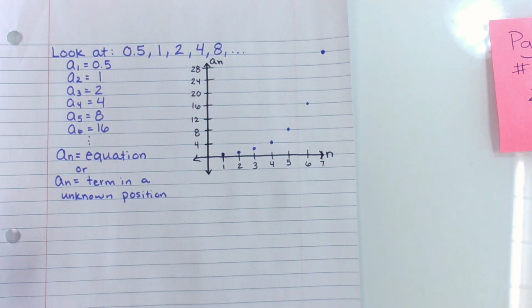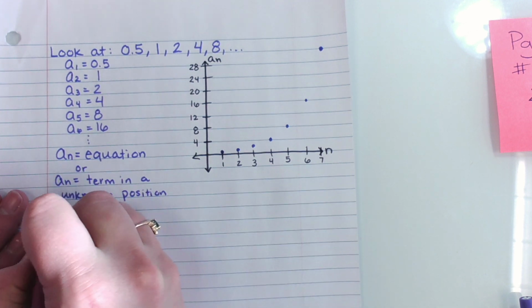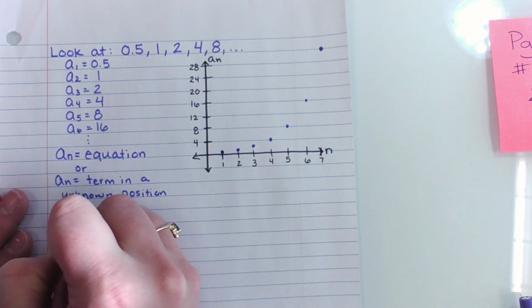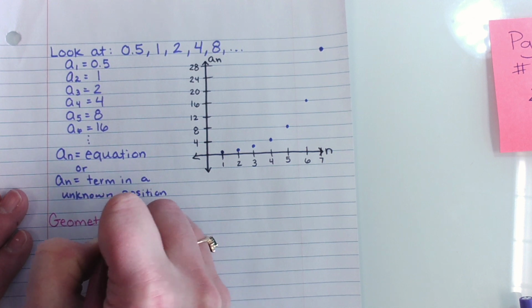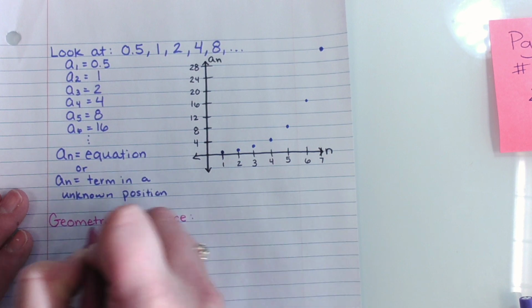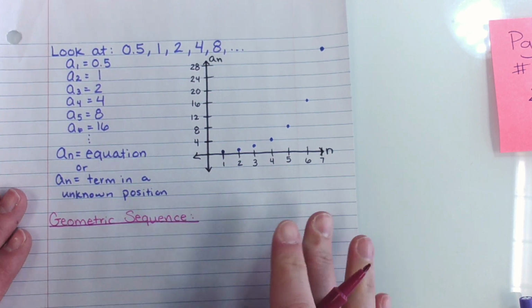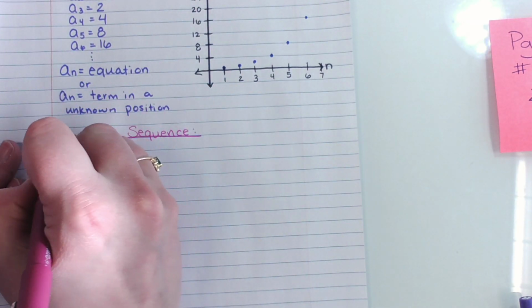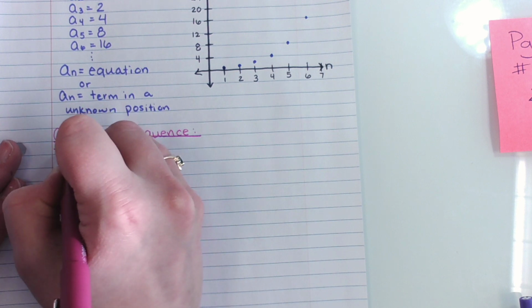When it increases like this, starts with an E, looks like an exponential equation. If it looks like an exponential equation while graphed, it is what's known as a geometric sequence. At least most of the time when it looks exponential. There is an exception.